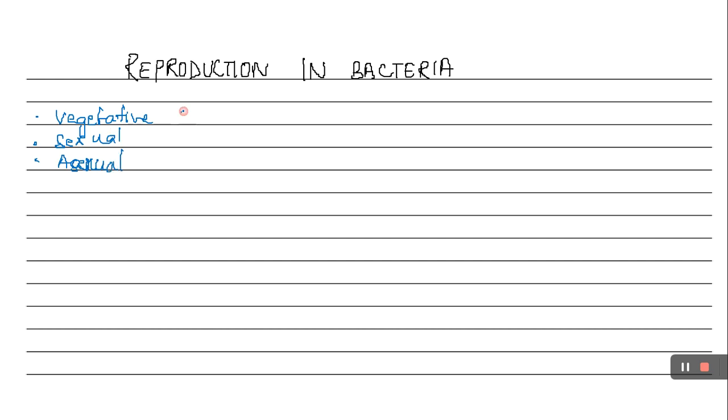In case of vegetative mode of reproduction, it includes budding, fragmentation and binary fission. So what is budding first of all? Let's start with budding first. Budding is the formation of the bud.